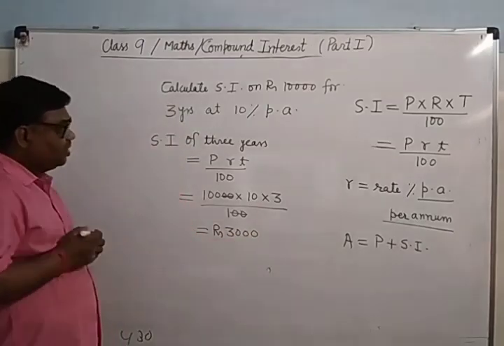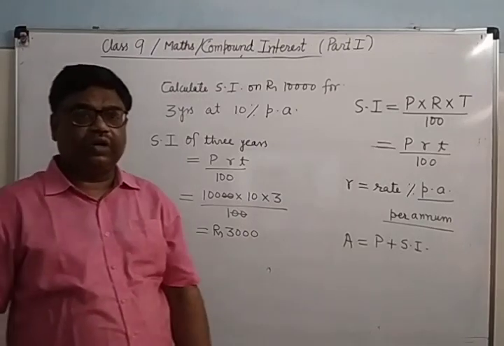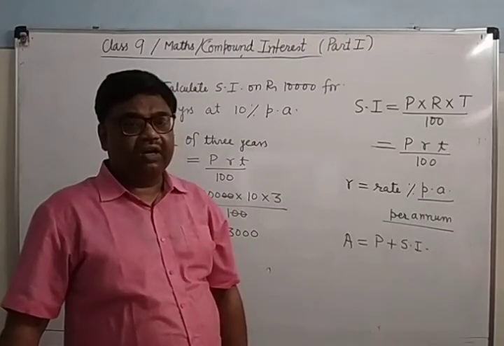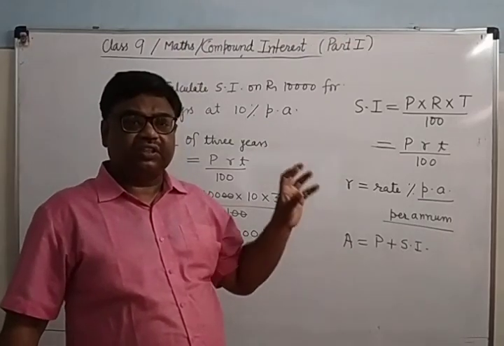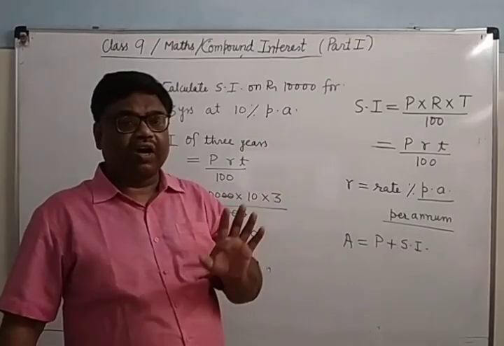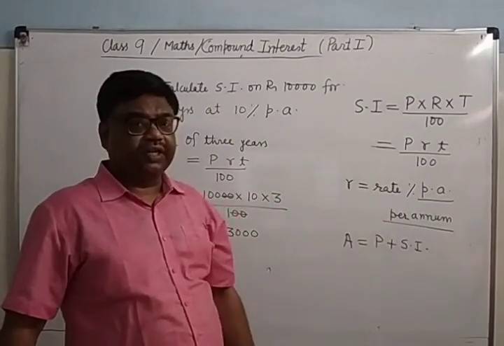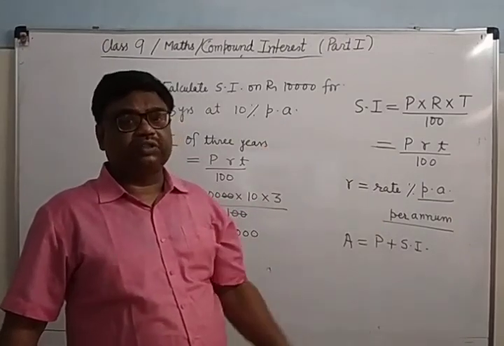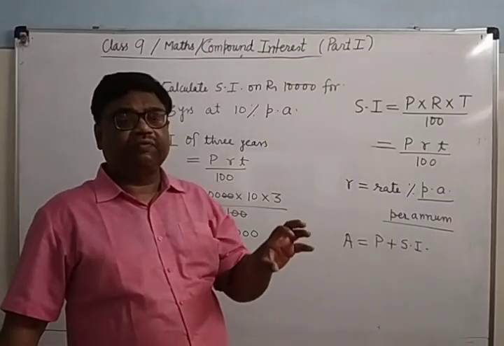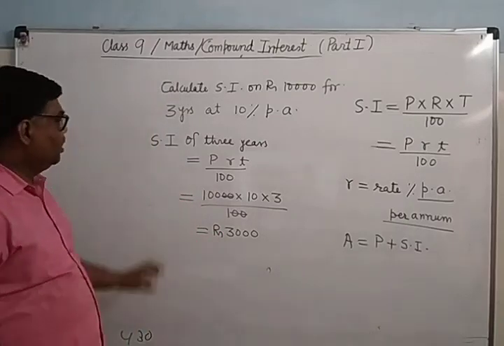Here you can see that the simple interest for the whole time has been calculated together, not year by year. And why is it so? Because the principal for every year remains the same: for the first year, the second year, and the third year, it is 10,000. Therefore the interest for each year will also be the same.